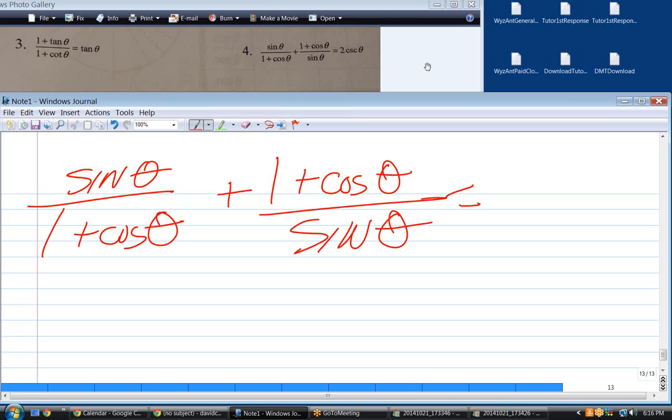What is it? 1/2 sine theta. Or, 2 stays in the numerator. It's only the cosecant that turns into 1 over sine theta. Okay? Now I have everything in sines and cosines already. So, what if I try just adding these?